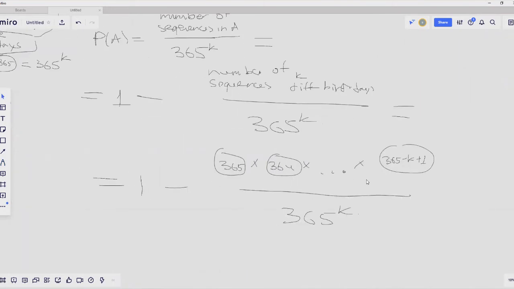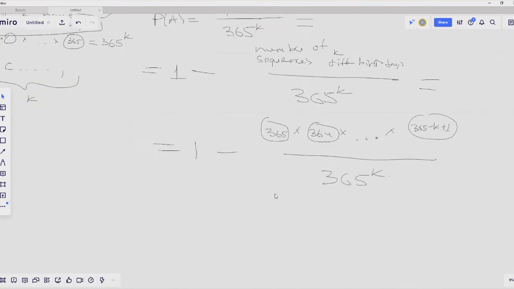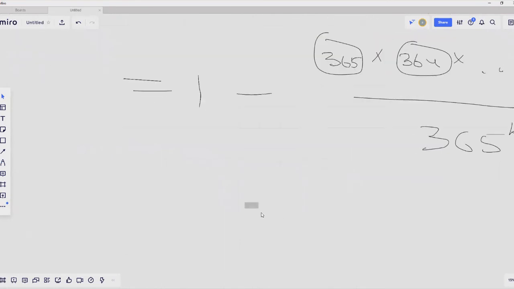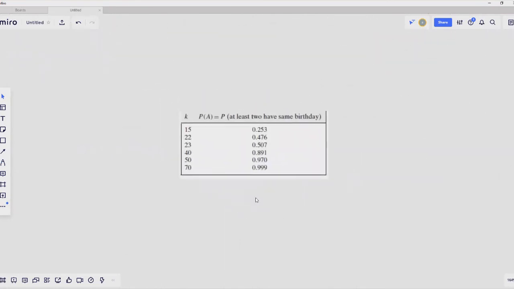Now, if we put in some numbers here, we get quite interesting results that can be seen in the following table. It turns out that to get a probability of 50% of two people having the same birthday, we are required to have only 23 people from the general population.